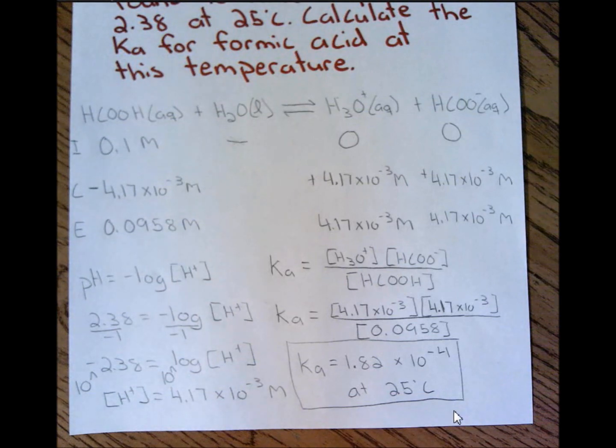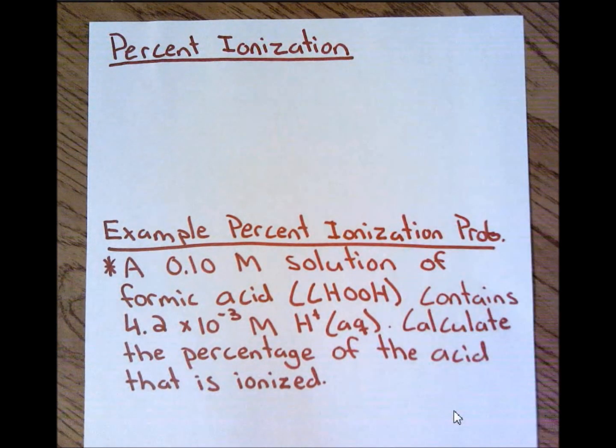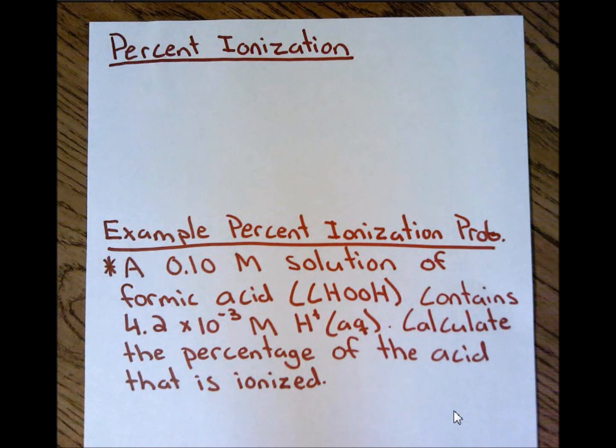Percent ionization is simply defined as how much of a weak acid substance dissociates its H+. Particularly, it's defined as the measure of the strength of an acid through the amount of acid that dissociates. So let me write that down, and then we'll talk about a formula here in just a second.